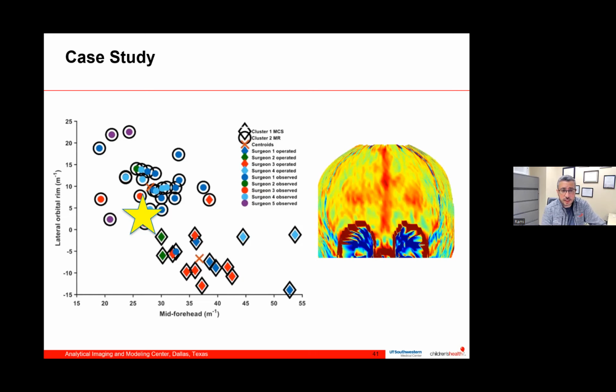And independently, we came to the same conclusion. My model said that where this yellow star is, the patient falls within the metopic ridge, and the surgeon independently saw the same. The surgeon thought that this kid is metopic ridge and does not need an operation. So you can see here that there's an agreement.